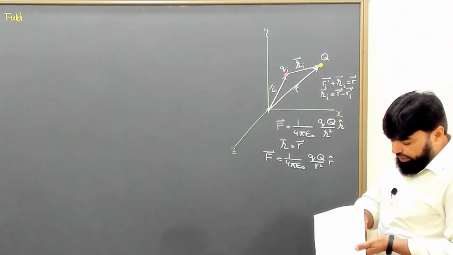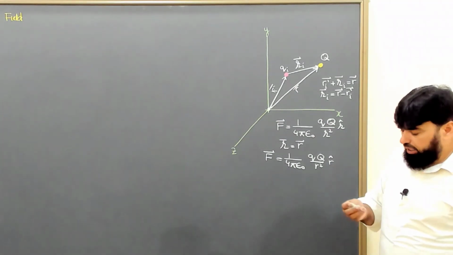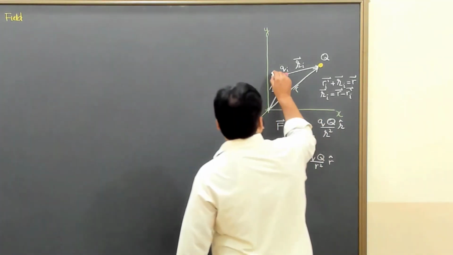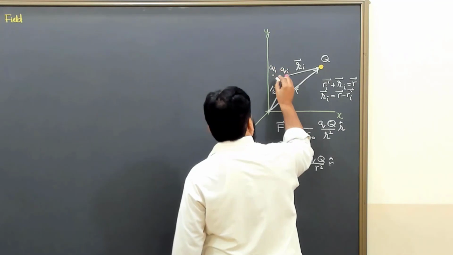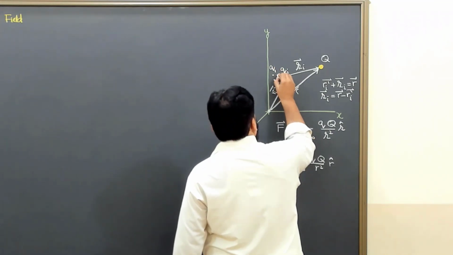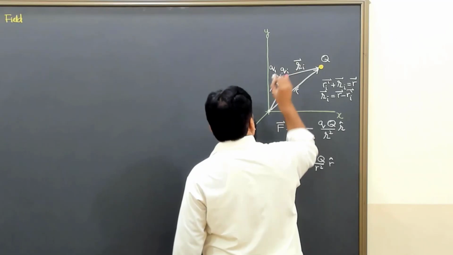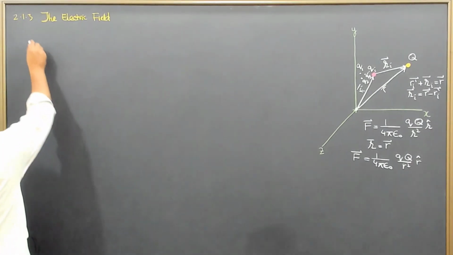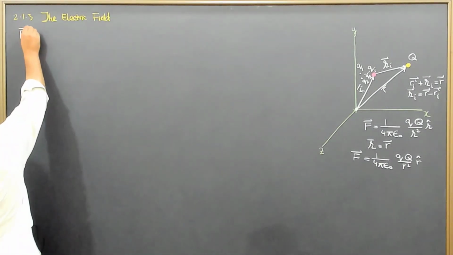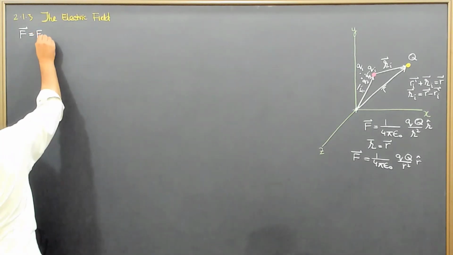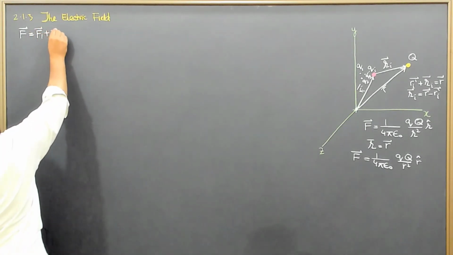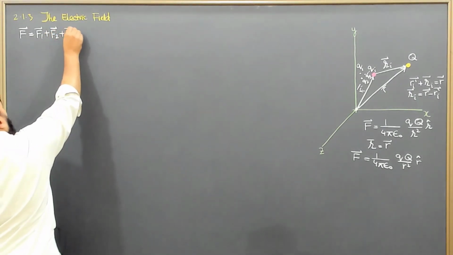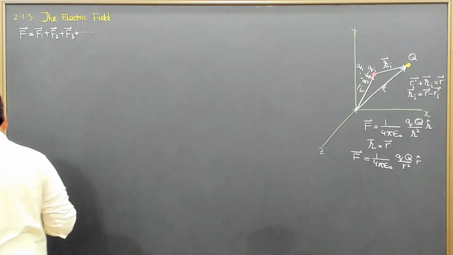Similarly, if we have more charges here, like for example, there is a Q1 charge, there is a Q2 charge, and Q3, and so on up to Qi charges, then I can write that by the superposition principle, the net force or the total force is equal to all the forces of interaction, which is F1 plus F2 plus F3 and so on.